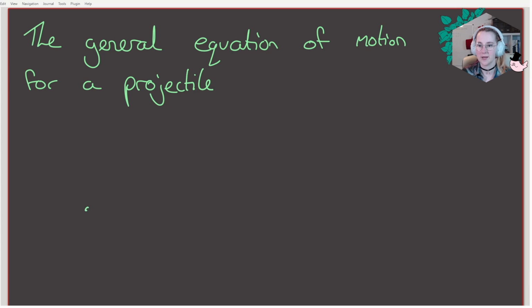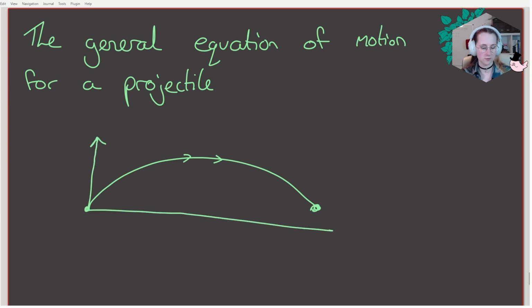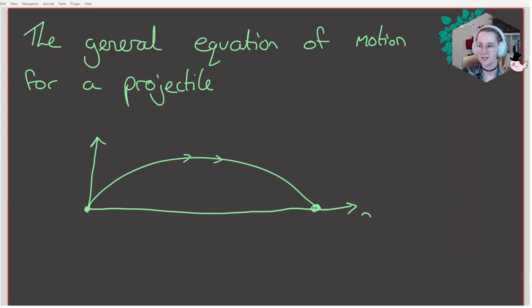By this, I mean, if I have my projectile here and it's moving in this sort of direction, if I were to stick some axes on it, I want to know what this line is, y equals f of t, okay?